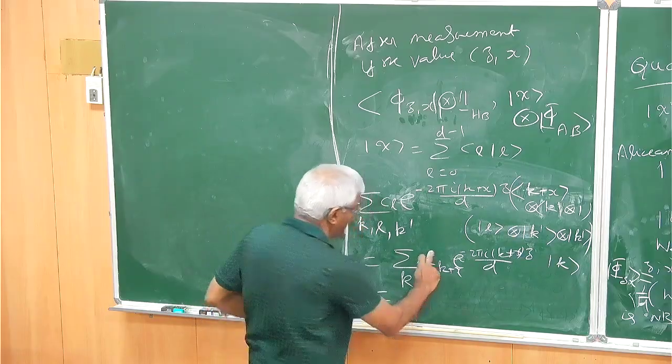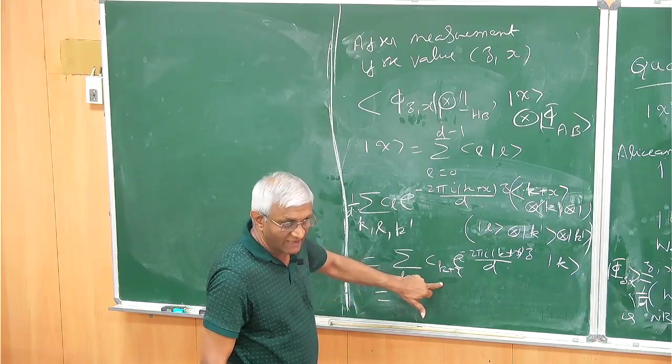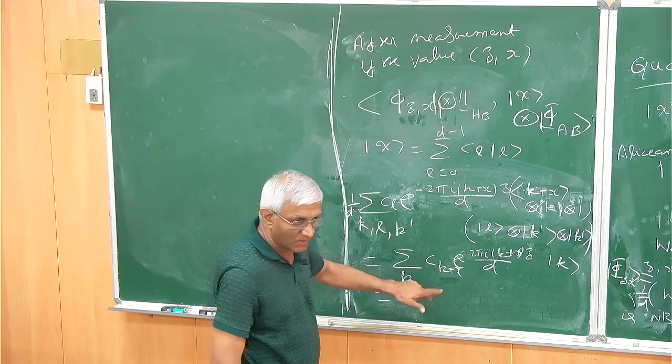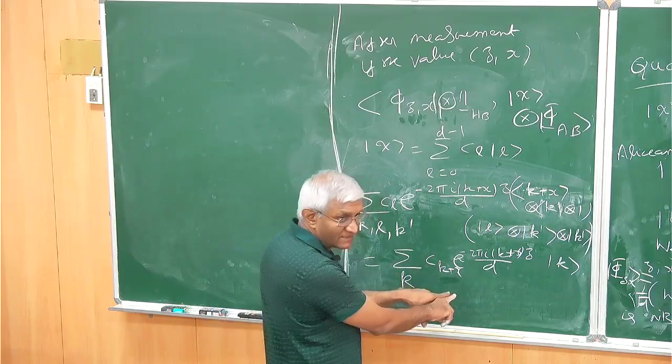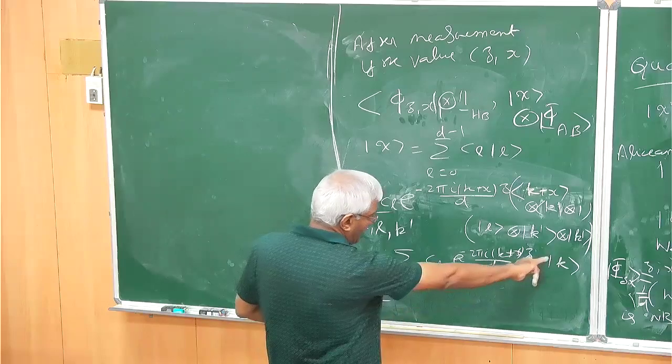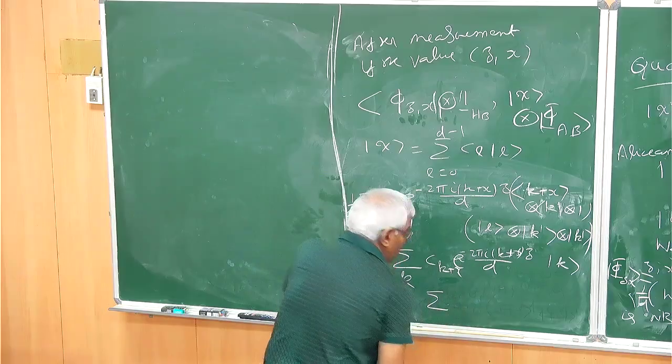Now the sum is over Z_d, modulo d. So we can replace k by k plus x and make the substitution.